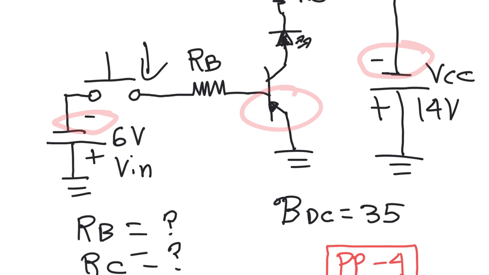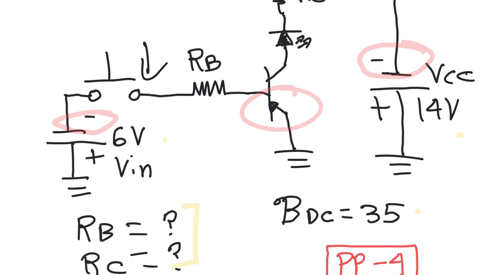And the question is that if we have 6 volts here and we have 14 volts there, and the beta is 65, then what are the values of base resistance and collector resistance? That's what we want to solve.